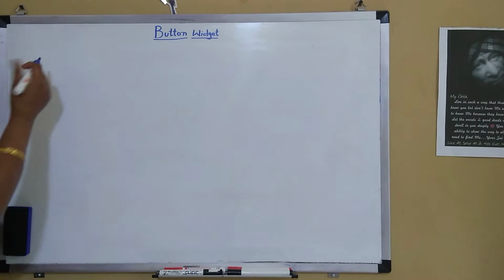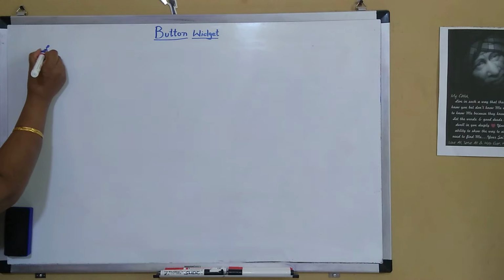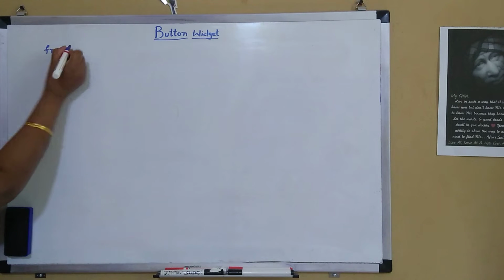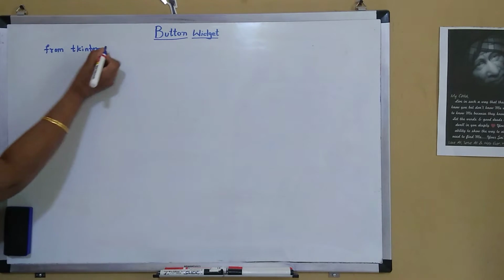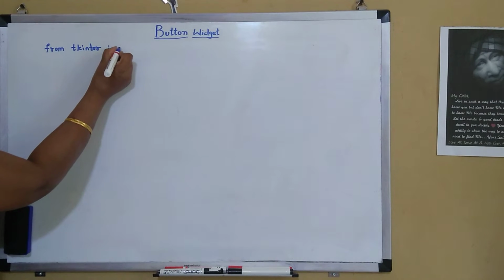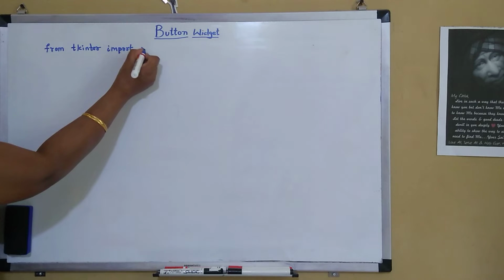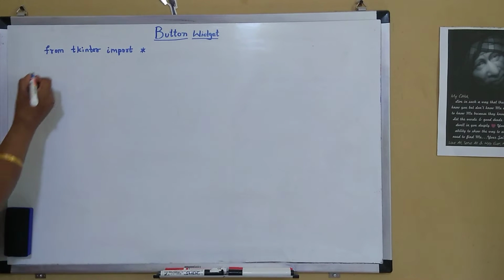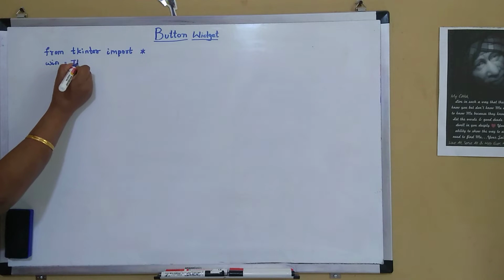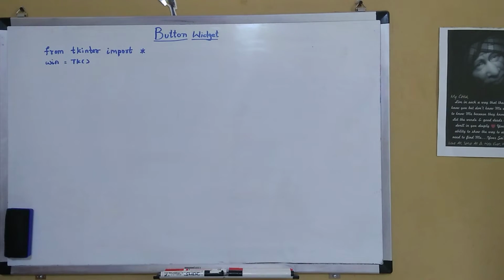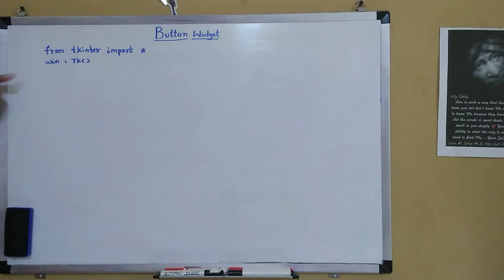Firstly, let me say from Tkinter import all. And now let me create my main window and say it as Tk, open and close parenthesis.